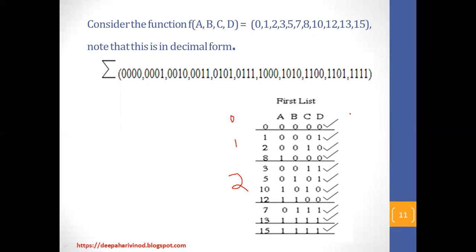And next is three binary ones. So you can see here three binary ones, that is 7, 0, 1, 1, 1. Next is three binary ones, you can see here 1, 1, 0, 1.